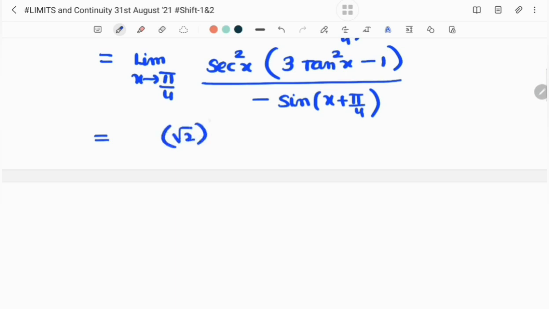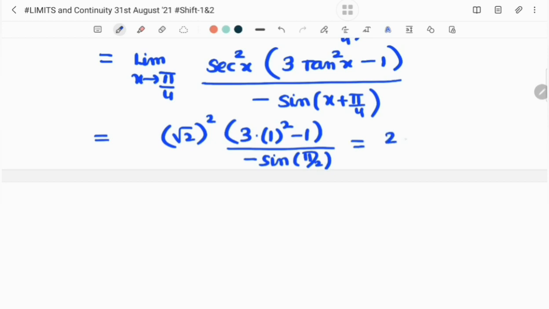Whenever we are substituting, don't write the limit. So 3 into tan pi by 4 is 1 square, minus 1, divided by minus sine 90. So 2 into (3 minus 1) divided by minus 1, that is 2 into 2 is 4, divided by minus 1, which is minus 4. Therefore, the conclusion: alpha is equal to minus 4.